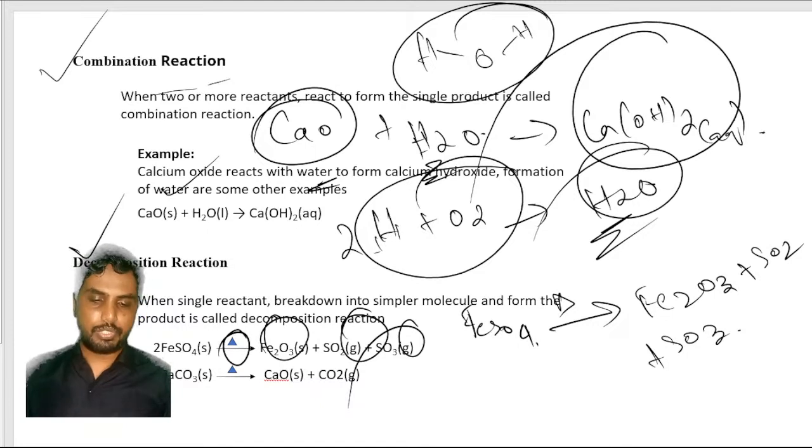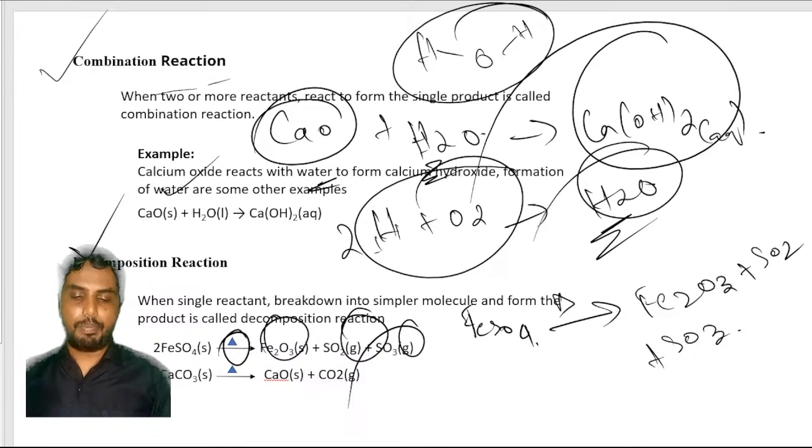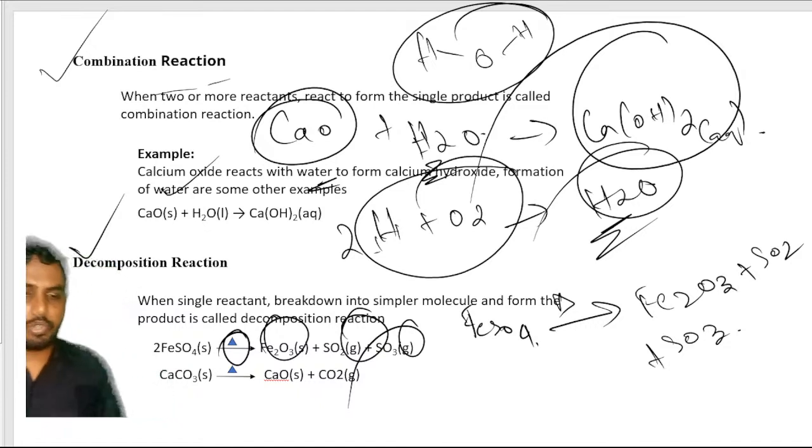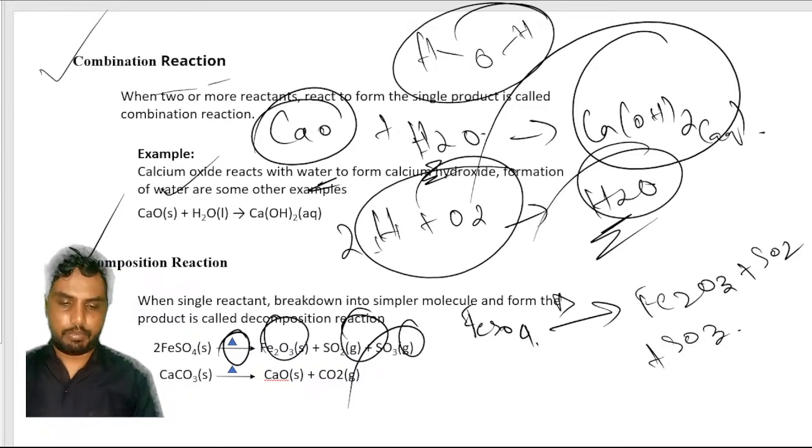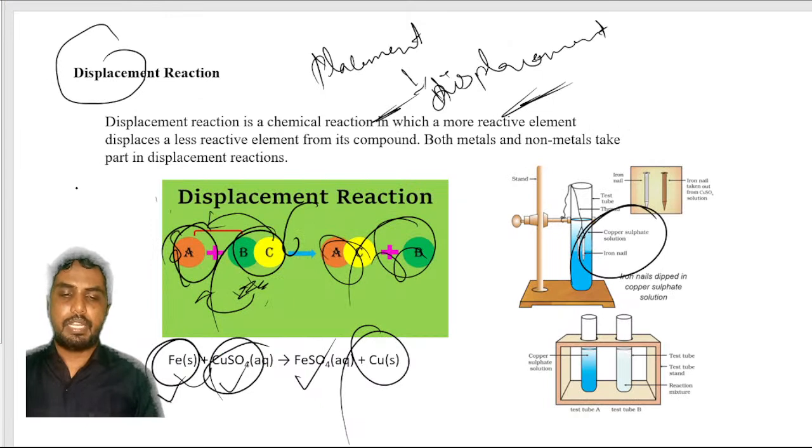And going forward, in a decomposition reaction, a single complex compound forms two or more simpler compounds, if you treat it with some heat. It will form small chemical components, 2 or 3 or more, and that is called a decomposition reaction. Next, displacement reaction.